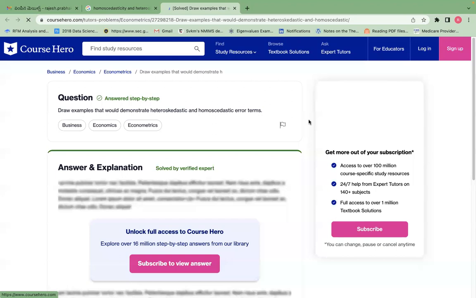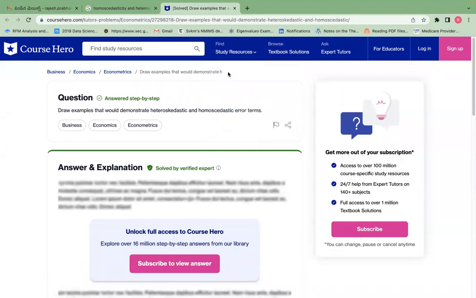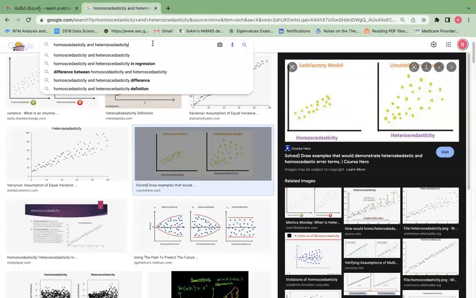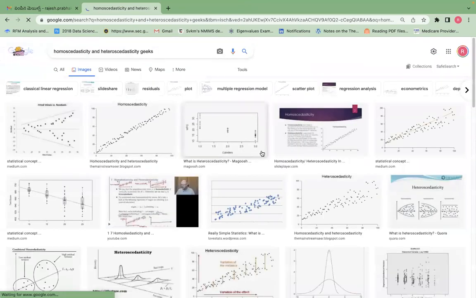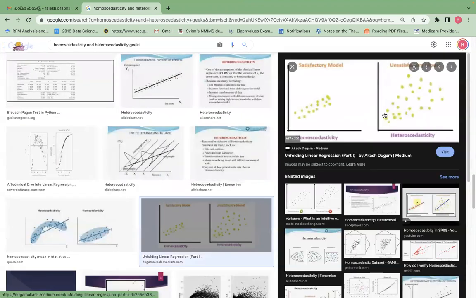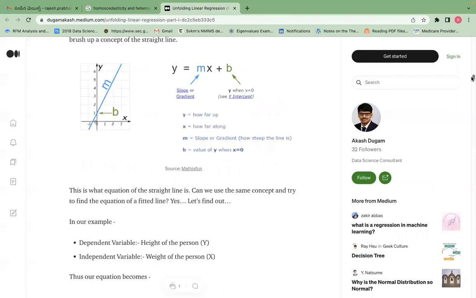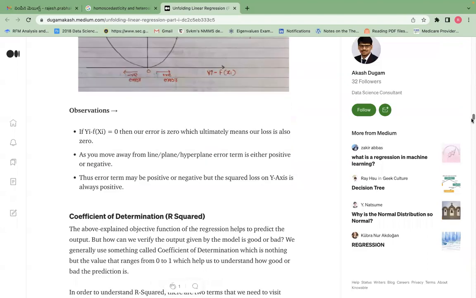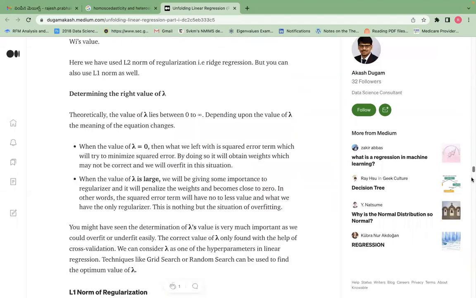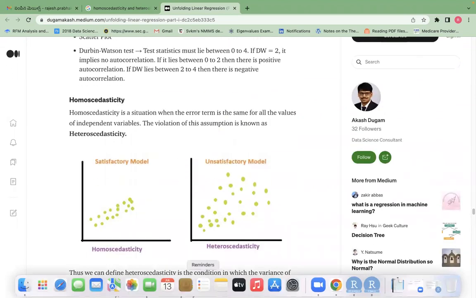Narrow range, left to right. So what is homoscedasticity and what is heteroscedasticity?